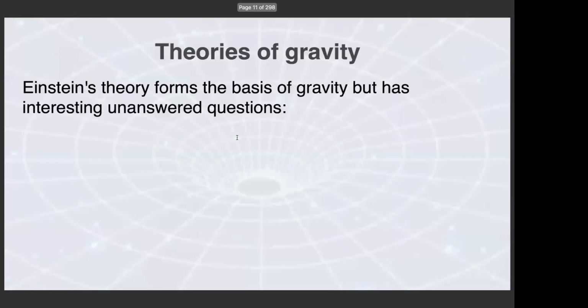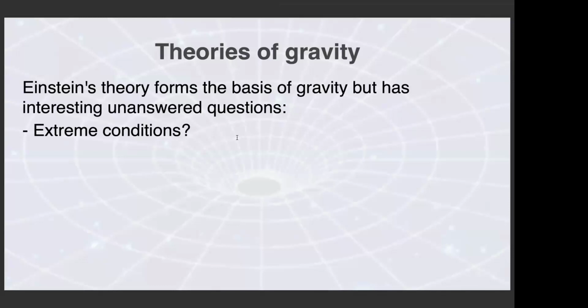First of all, the theory of gravity is very much based on Einstein's theory. And Einstein's theory is very beautiful. It solves a lot of interesting problems and explains the gravitational interactions.